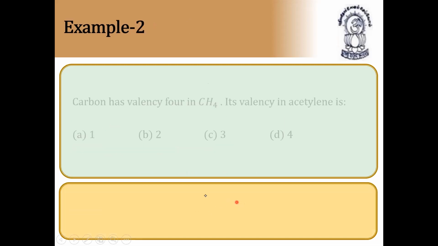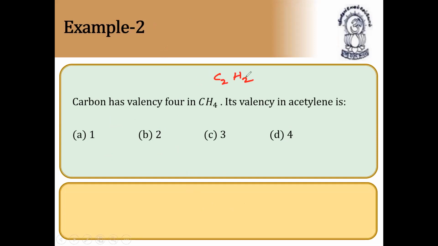Next question. Carbon has a valency of 4 in CH4. What is its valency in C2H2? What is the covalency? In C2H2, the carbons are joined by a triple bond. This is the structure, acetylene, acetylene gas. So now we can see the answer.